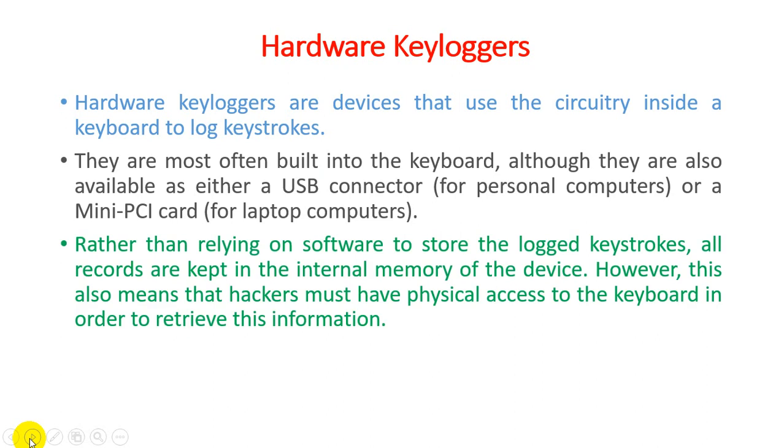Rather than relying on software to store the logged keystrokes, all records are kept in the internal memory of the device. However, this also means that a hacker must have physical access to the keyboard in order to retrieve this information. I can say that this is one of the disadvantages compared with software keyloggers.